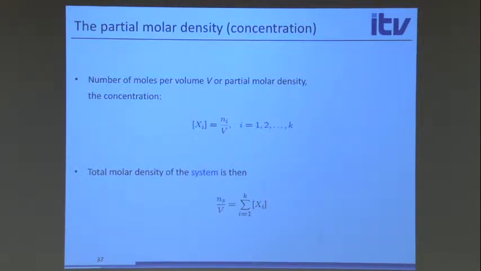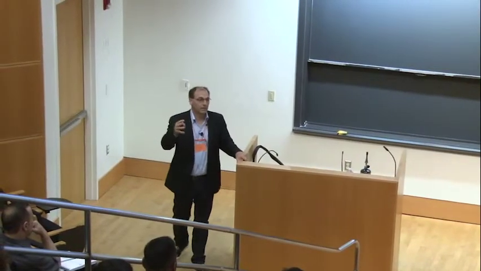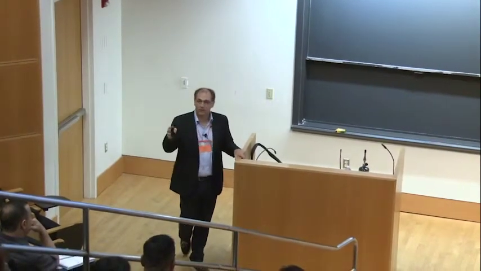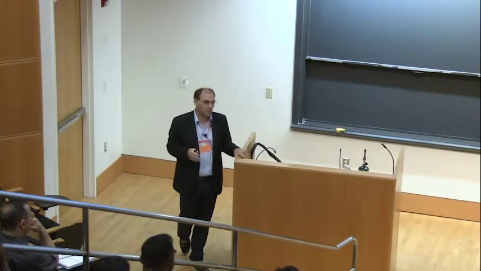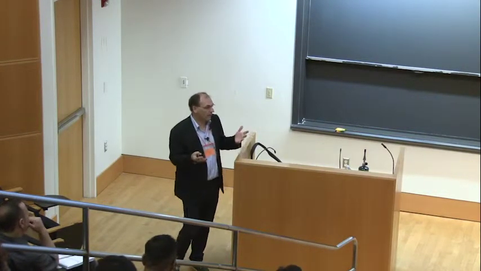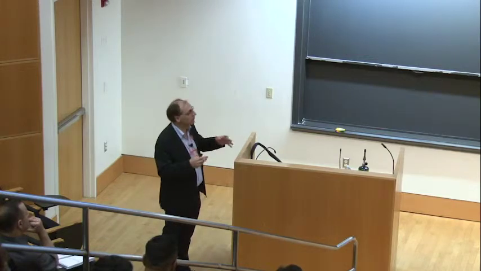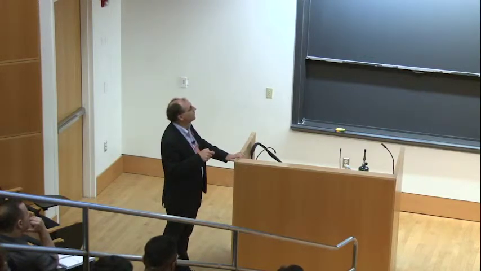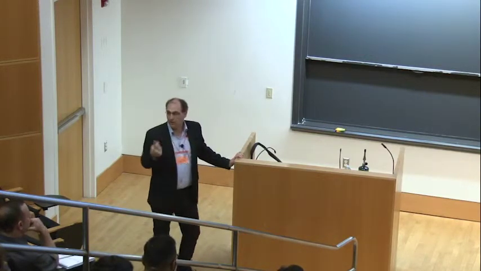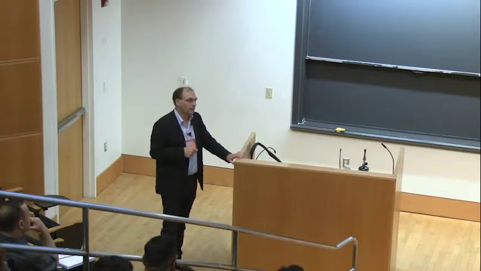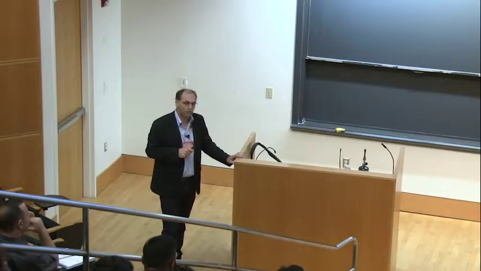Because chemical reaction rates are proportional to the concentration of individual species that participate in the reaction. So that's why this is very important. That's where we always use concentration. It's not non-dimensional. Units are moles per cubic meter.